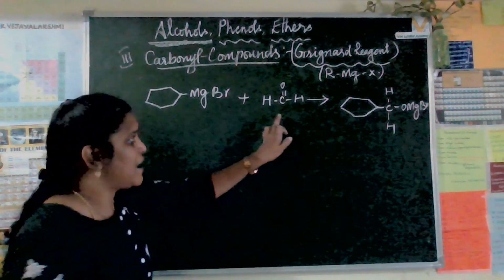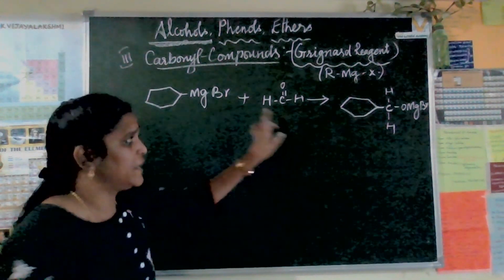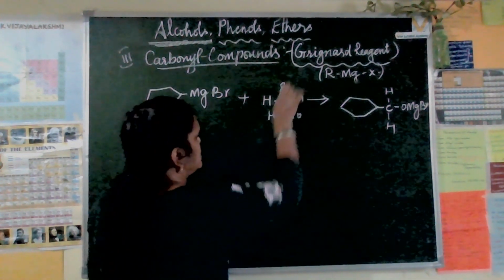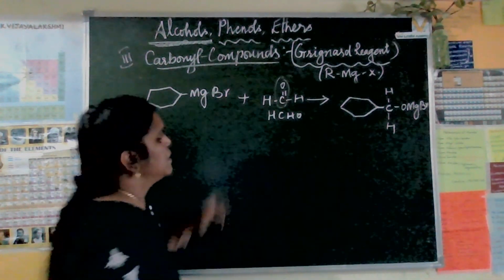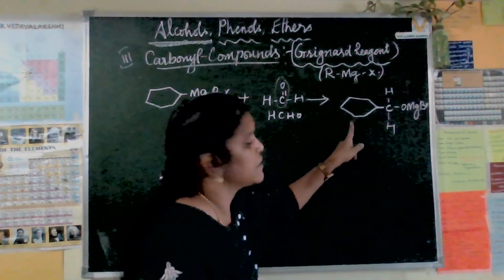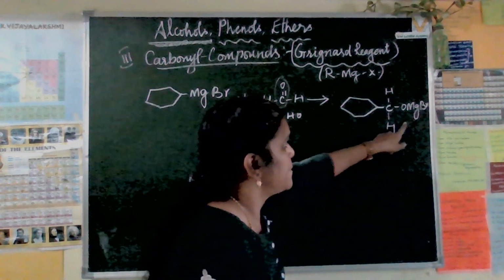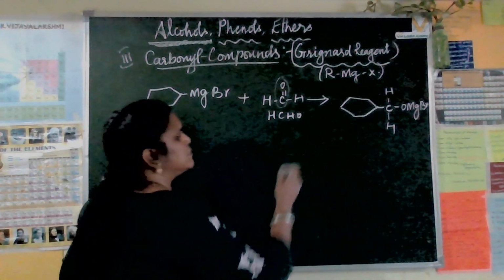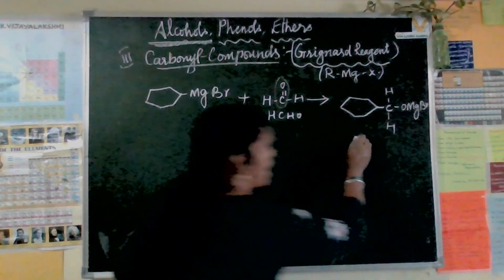This is cyclohexyl magnesium bromide, the Grignard reagent, along with formaldehyde, HCHO, a carbonyl compound, right? So you are getting the addition product, cyclohexyl magnesium bromide adduct.